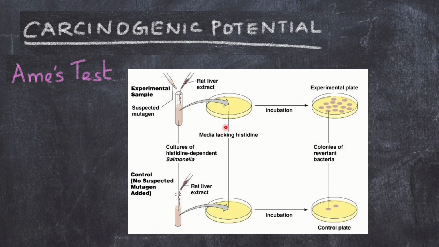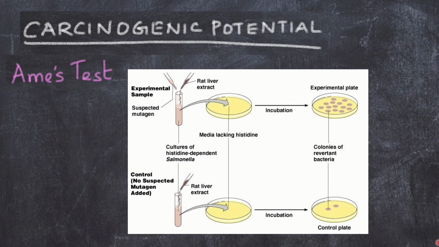If the material contains mutational property, it will mutate the bacteria into histidine independent salmonella, thereby allowing it to proliferate or grow more. Whereas in a condition where there is no mutagen, it lacks the ability to survive without histidine, thereby the majority of the bacteria will die off and the culture plate will only show few colonies or no colonies. This is how the Ames test is done.